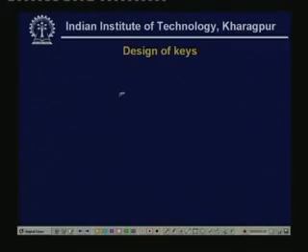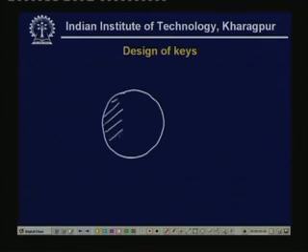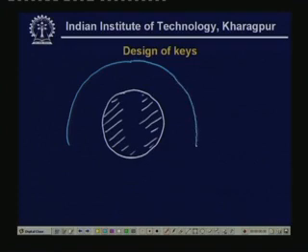So, here this is the inner shaft, and we have the outer shaft over here. This is the part of the outer shaft, and we have a parallel key over there.